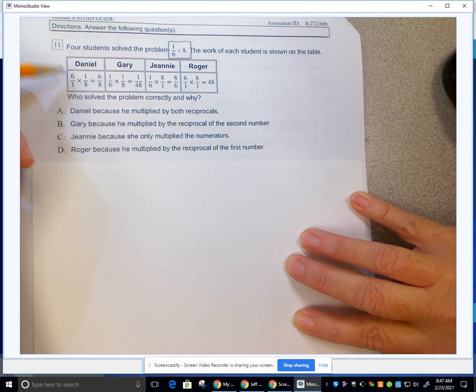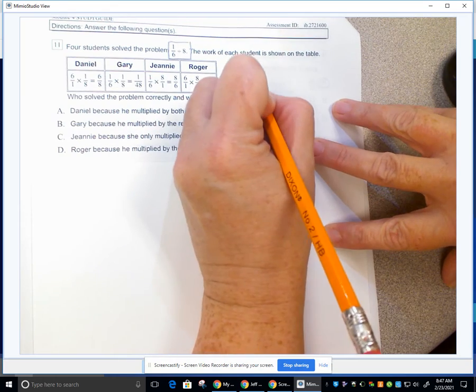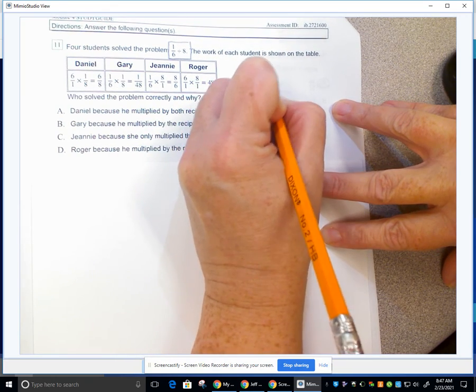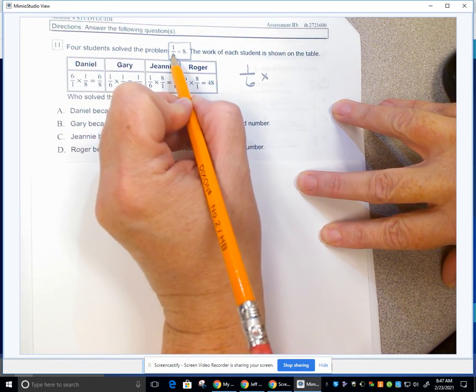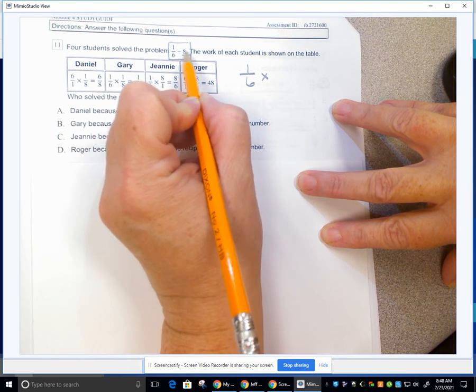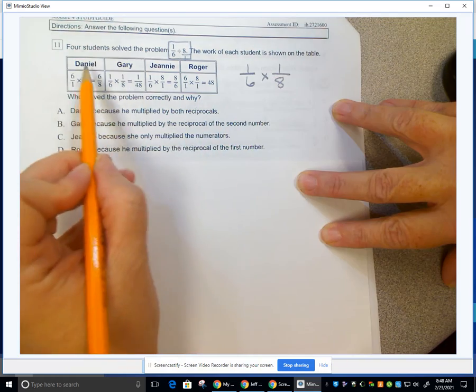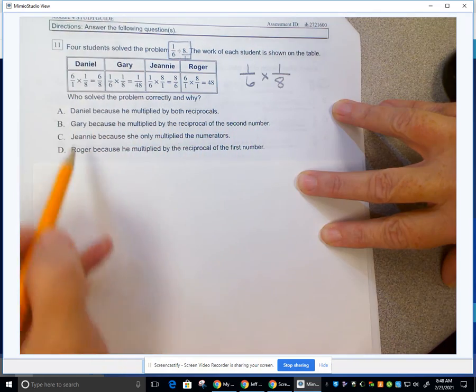Well, look what Daniel did. They're all multiplying, so they're all using the same strategy of hopefully keep it, switch it, flip it. Now, if I do it, this will be 1/6. I keep it. This changes to multiplication. And this is 8 over 1, so now it will be 1/8. So all of these students did that.